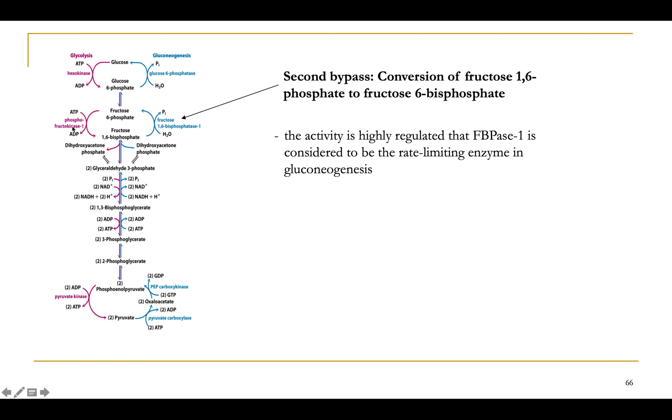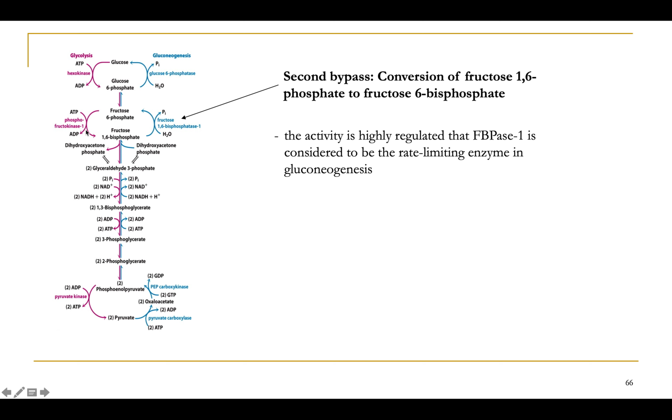In glycolysis, the forward reaction is catalyzed by phosphofructokinase, then in gluconeogenesis, the backward reaction is catalyzed by fructose 1,6-bisphosphatase, and the reason is that one would like to avoid futile cycles. If this reaction were catalyzed by the same enzyme, this step would essentially act as an ATP consumption step, which would be constantly consuming ATP.